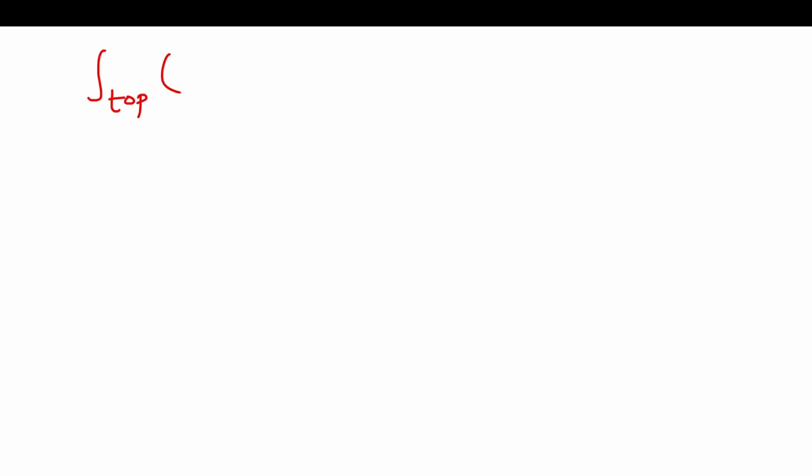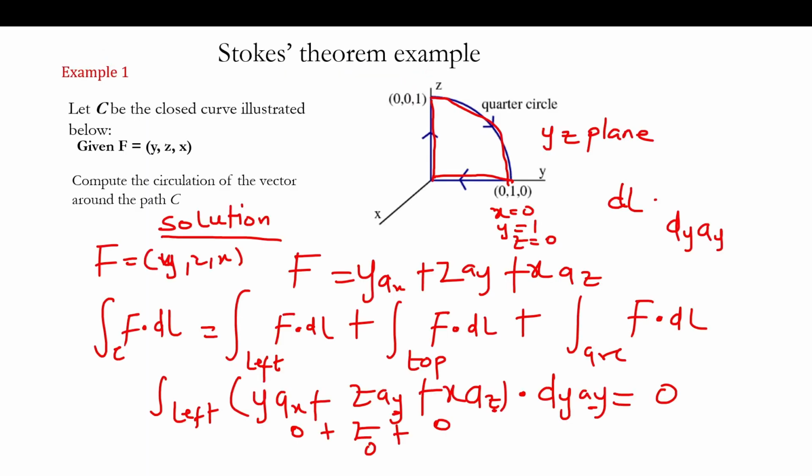Let's consider it for the top. So we have once again the F, which is y ax plus z ay plus x az. This one here is also dotting the differential length. Along the z, what's going to be the differential length? dz az.